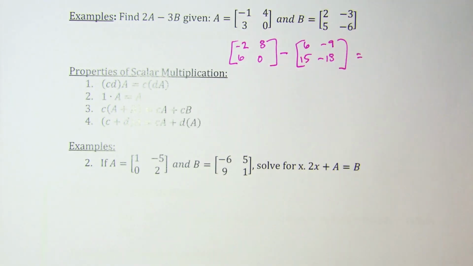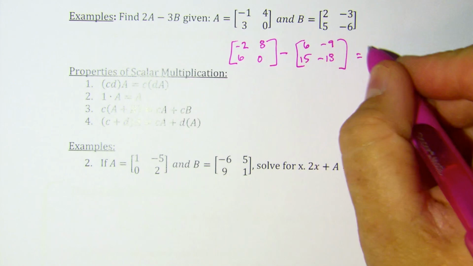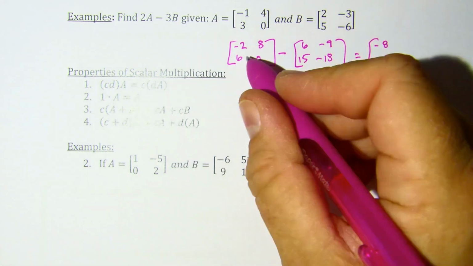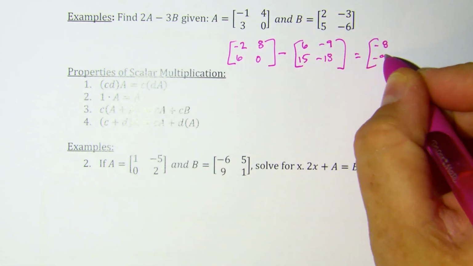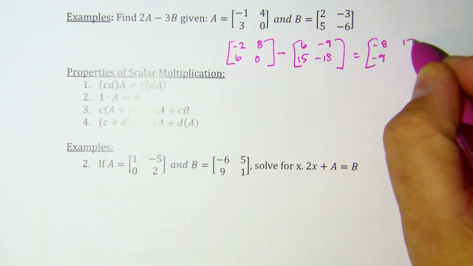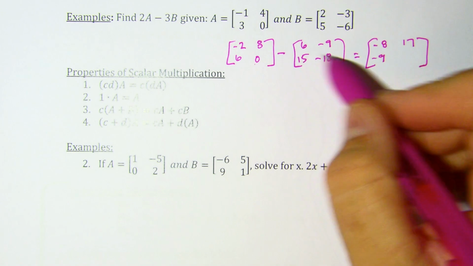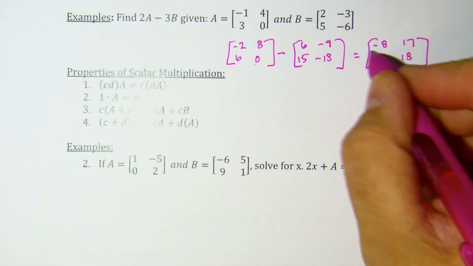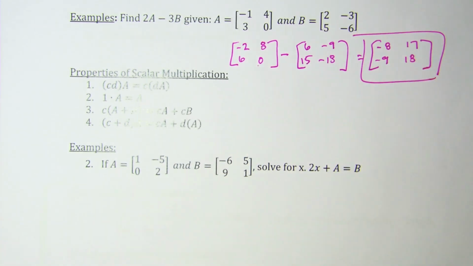And then subtracting these, -2 minus 6 is -8, 6 minus 15 is -9, and then 8 minus -9 is 17, and then 0 minus -18 is 18.